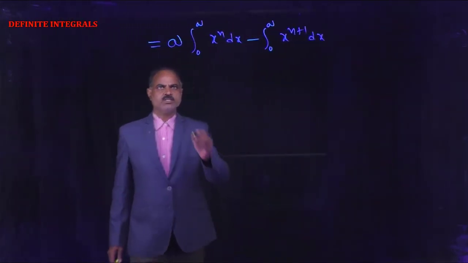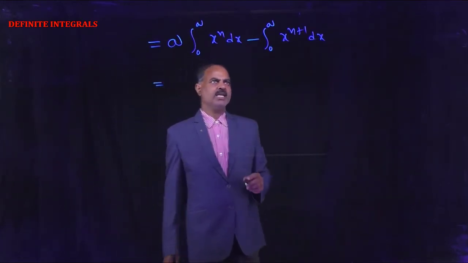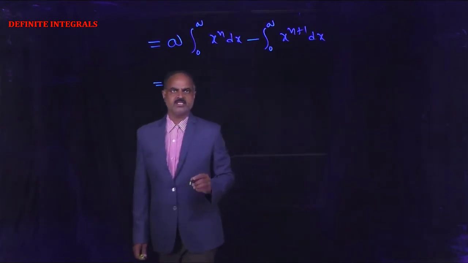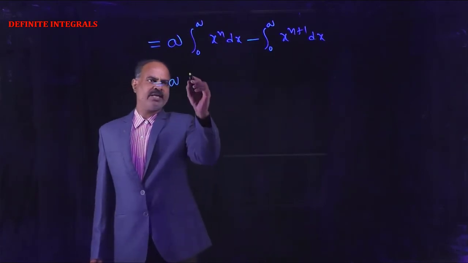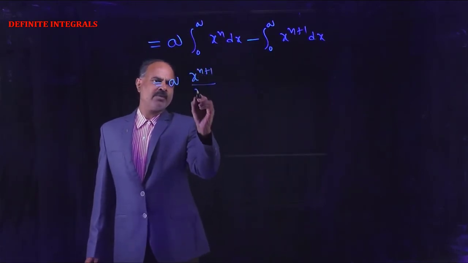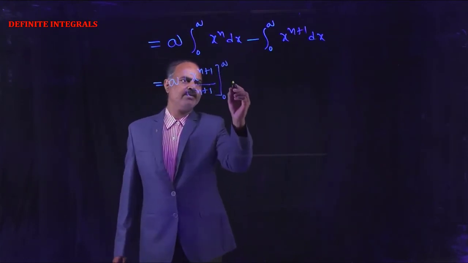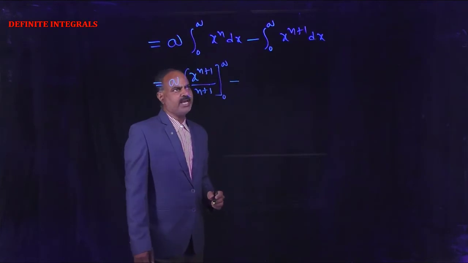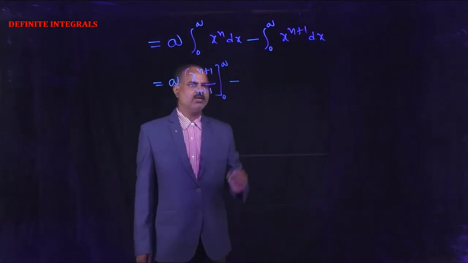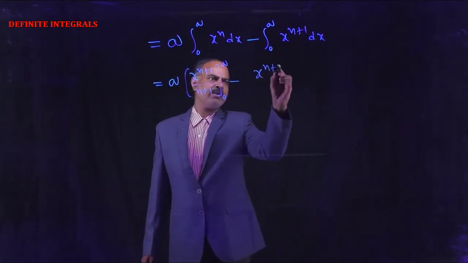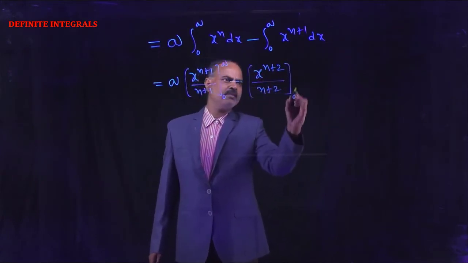We know that integral x power n dx is equal to x power n plus 1 by n plus 1, and integral x power n plus 1 dx is equal to x power n plus 2 by n plus 2, with limits 0 to a.